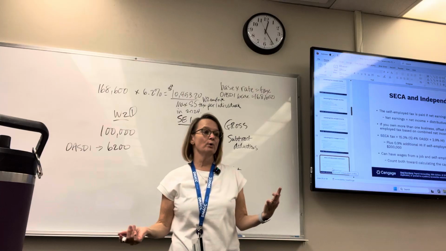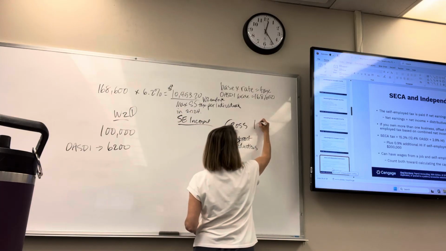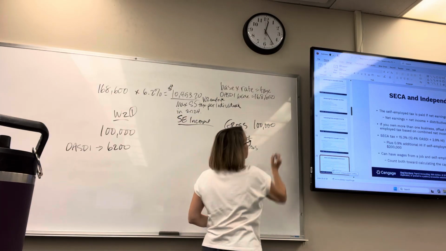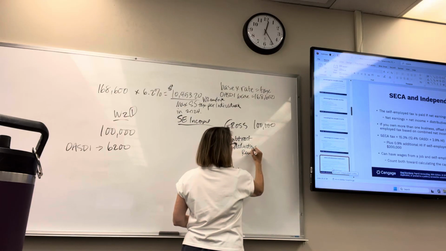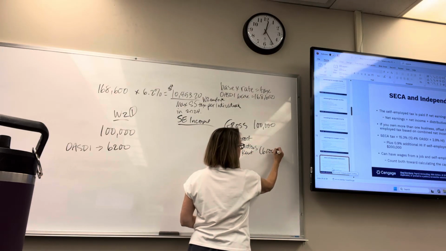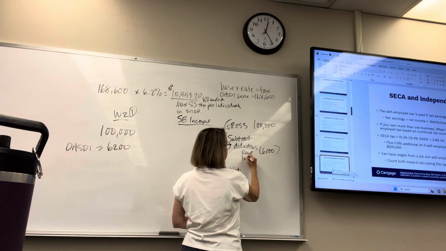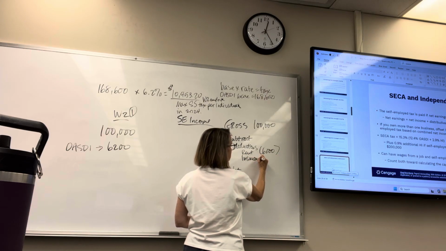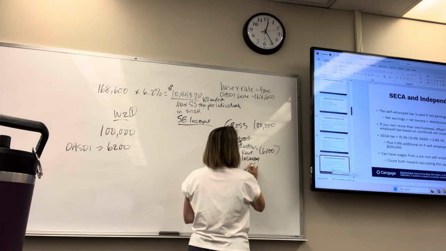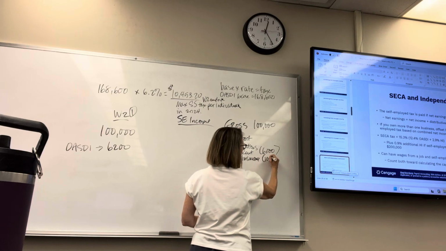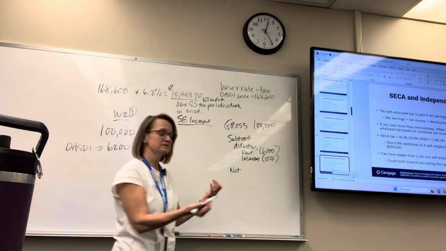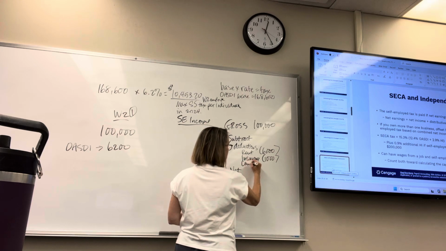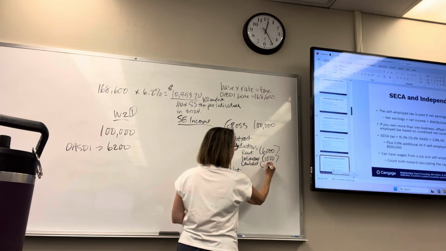So if you're self-employed, let's say you make $100,000, but you also pay rent, and that was $6,000, and you pay business insurance, not health insurance, that goes someplace else, business insurance of $1,000. And then say you pay a contractor to help you with something, and that was $10,000.